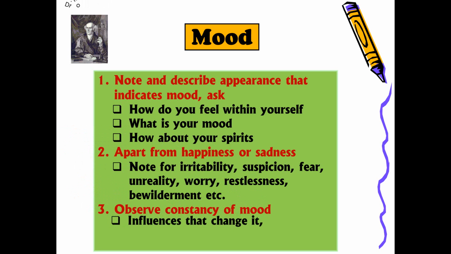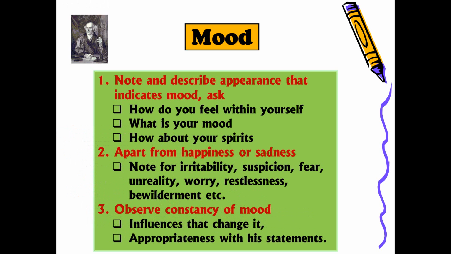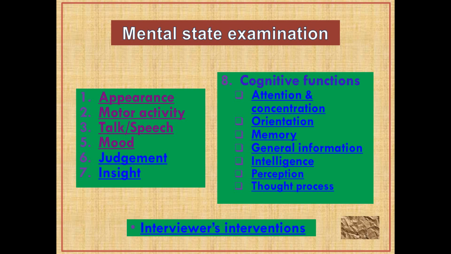Then observe constancy of mood, that is whether the mood is constant, and if the mood changes, what are the factors which influence it. Then appropriateness with his statement. He says, I talk very little, but the whole interview he keeps on talking. So his statement is not appropriate to his behavior. So the appropriateness is to be noted or compared with the behavior.